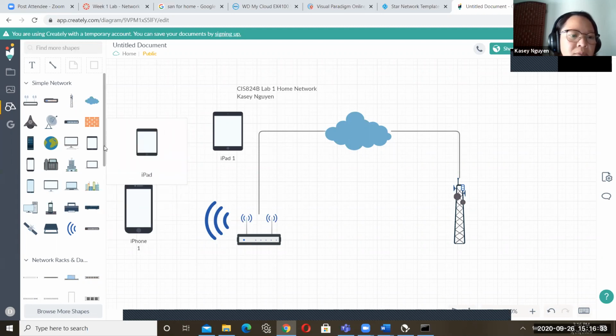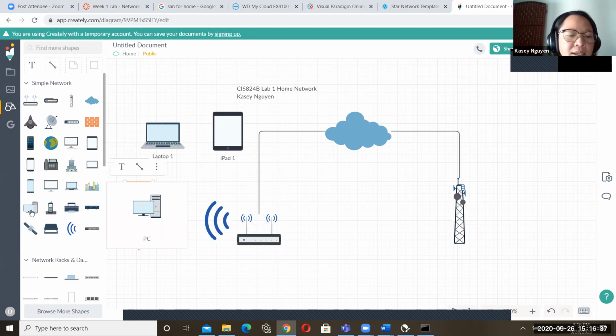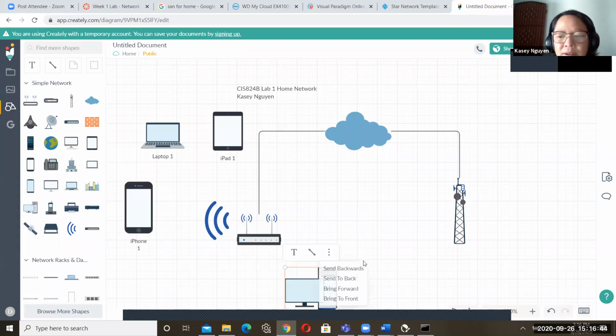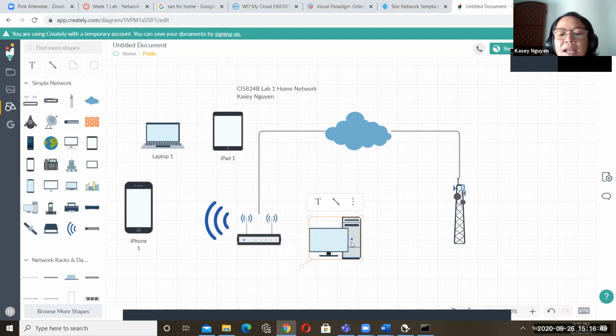And I think this one has a computer, so PC. Okay, so let's put it over here. Now, let's say that your PC is connected to the router using a cable. You would use the tool called connector that's located here or up here.